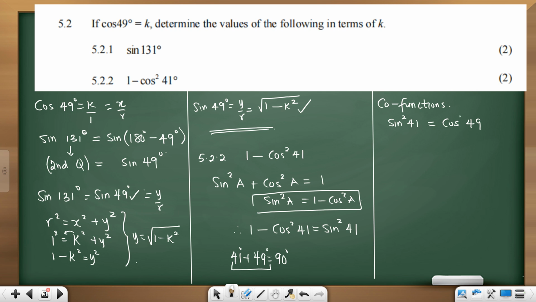But there's a square there. Therefore, I can conclude that, let me write the whole thing again. 1 minus cos squared 41 is the same as sine squared 41. But sine squared 41 is the same as cos squared, we keep the squared, 49. And what is cos 49? k. So this is what? k squared. This is one way of doing it.